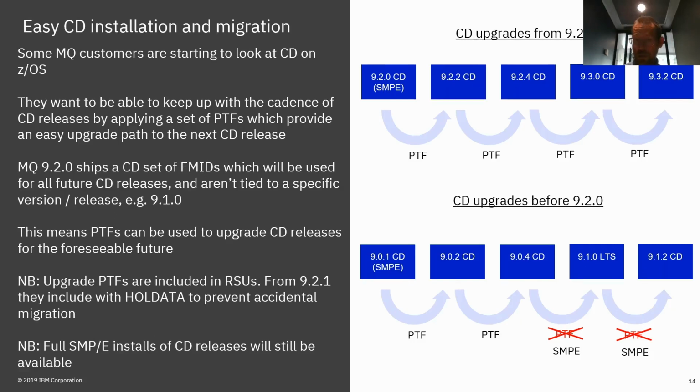So you can go from 9.2.0 CD to 9.2.2, 9.2.4 when that comes out, 9.3, etc., and your upgrade is basically just by applying PTFs. I would say it's worth bearing in mind that because these are just PTFs, they get picked up in RSUs. And so from 9.2.1, we have hold data to prevent accidental migration to the most recent CD release, because again, that's caught customers out as well.